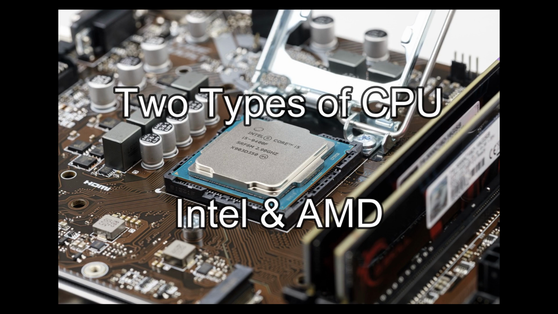Within each manufacturer lineup, there are various models and generations of CPUs to consider. These models differ in terms of clock speed, core count, cache size, and power consumption. It's critical to pick a CPU that matches your particular requirements and budget. While comparing CPUs, it's common to run benchmarks, which give performance metrics for different CPUs under identical conditions.